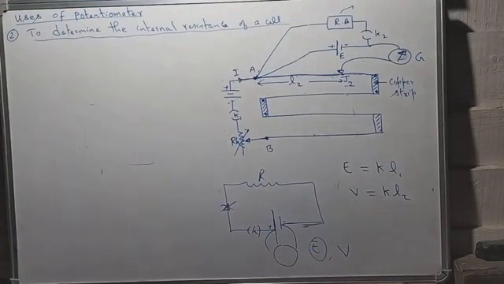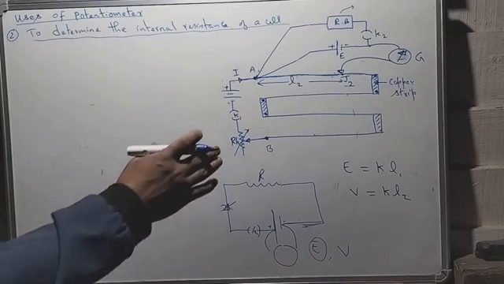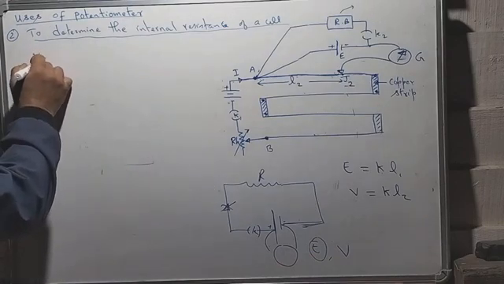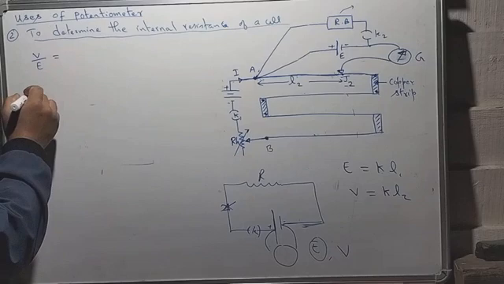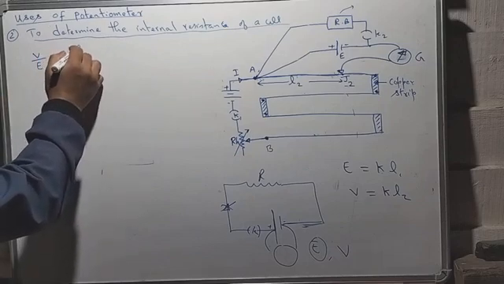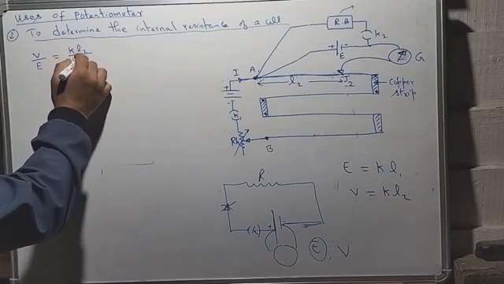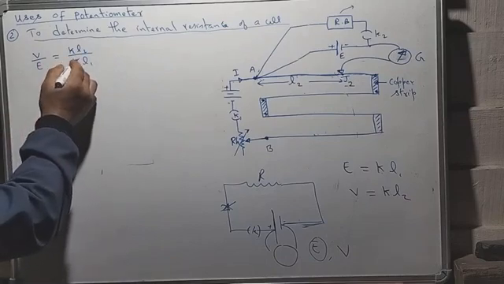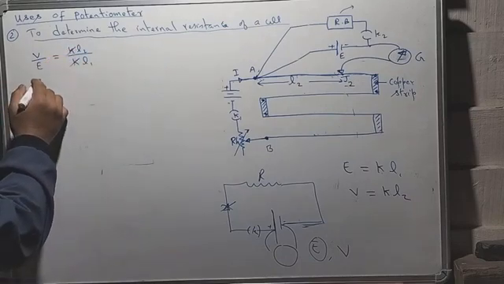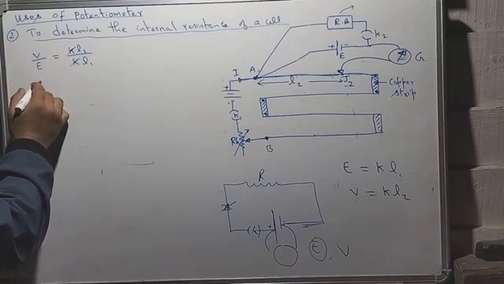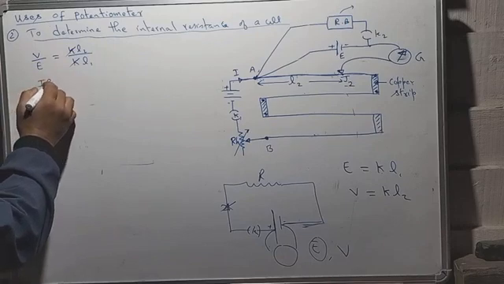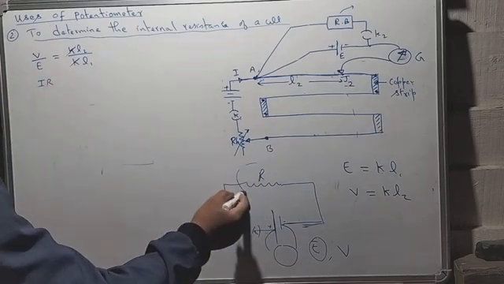Now what I will do is divide these two. V upon E means KL2 upon KL1. This K with this K cancels. Instead of V, I will write I capital R, which is the potential drop across this resistance.